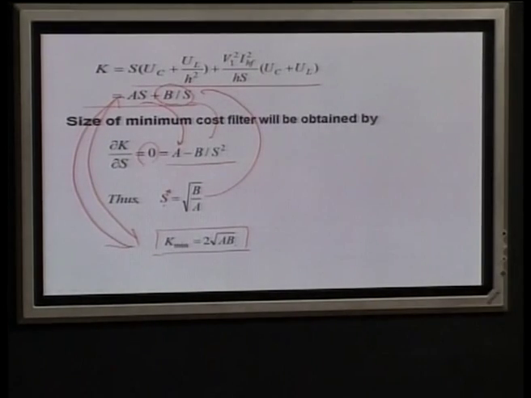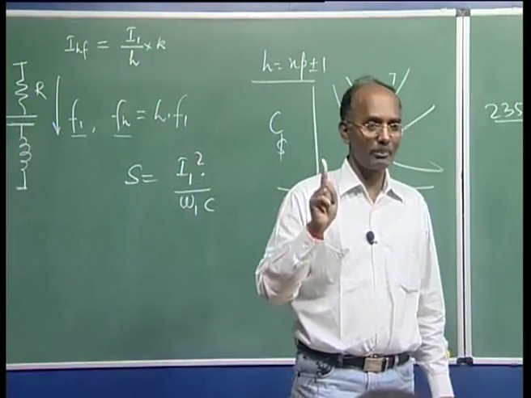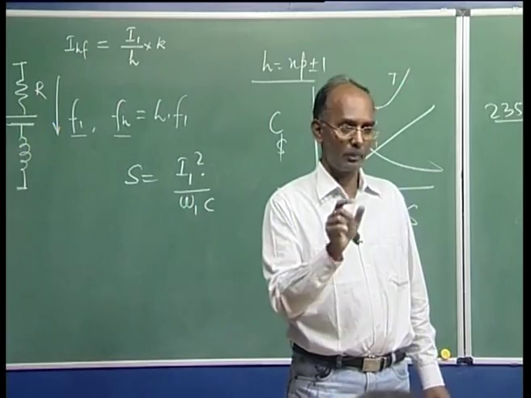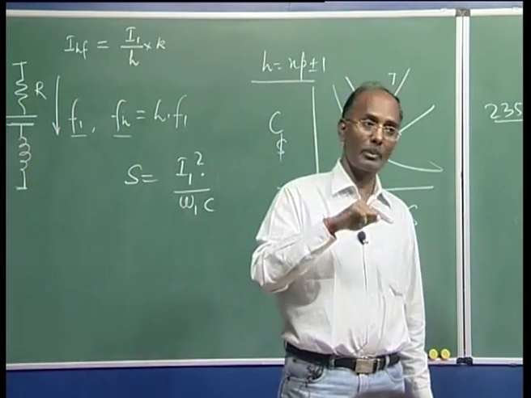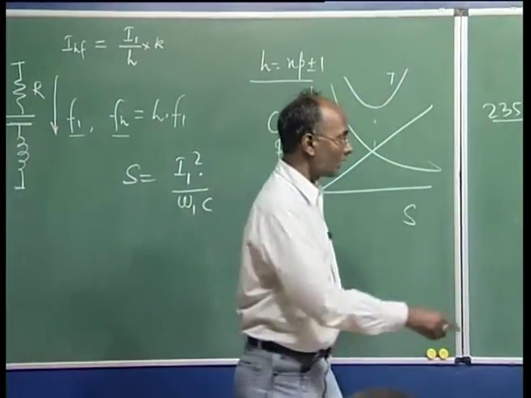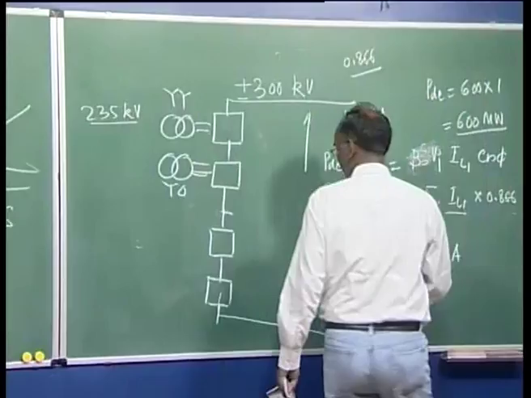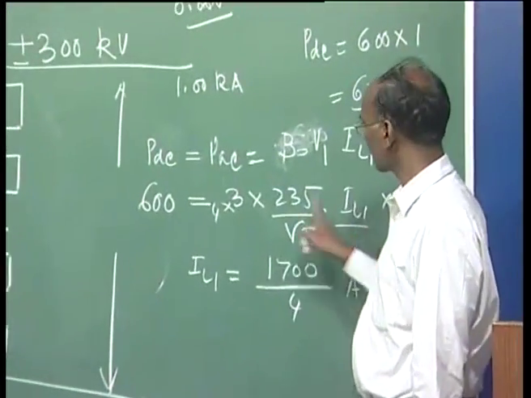Whatever you are analyzing in the Fourier series, you are getting the cosine and sine components, those are the peak values. The A and B components are peak values, so you have to convert back to your RMS value. But here this value is already your RMS value, everything is RMS.